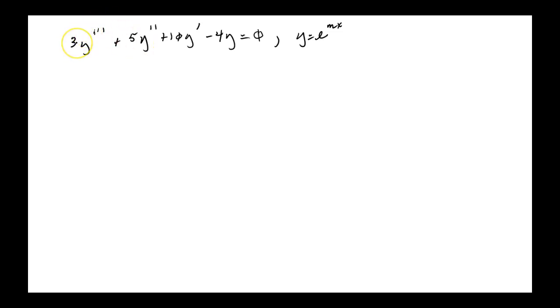Plug it in, and you get your auxiliary equation, which is 3m cubed plus 5m squared plus 10m minus 4 is equal to 0. A cubic polynomial, and we know that has up to 3 real roots.